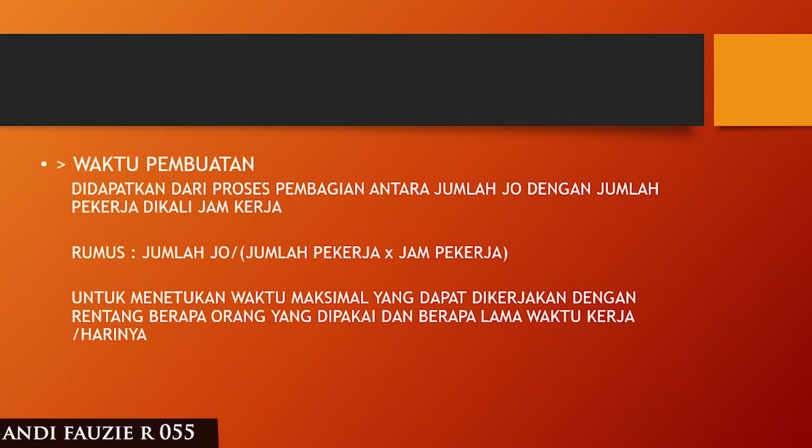Time of manufacture is obtained from the division of the number of GO by the number of workers times working hours. Formulation: total GO per number of workers times working hours. This determines the maximum time that can be worked with the range of how many people are used and how much working time per day.